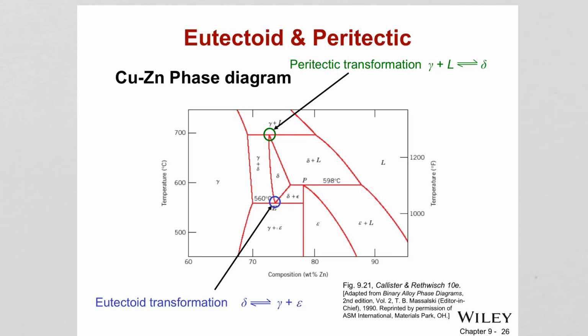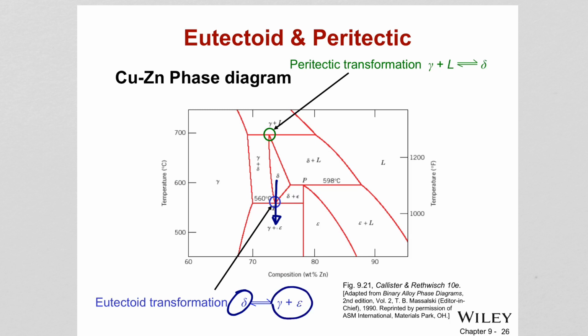Here we are seeing an example of eutectoid and peritectic reactions. Here we have the copper and zinc phase diagram. At point A we are given it is a eutectoid transformation. Upon cooling down from delta we are going into gamma and epsilon, meaning from one solid 2 other solids are formed.